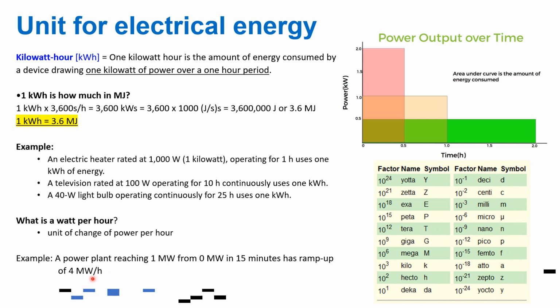Okay, so it means that it's increasing at 4 megawatt per hour when it is increasing from 0 megawatt to 1 megawatt in 15 minutes. So this is different. This is the rate of change of your power per unit time. This one is the energy that is being used by your device.